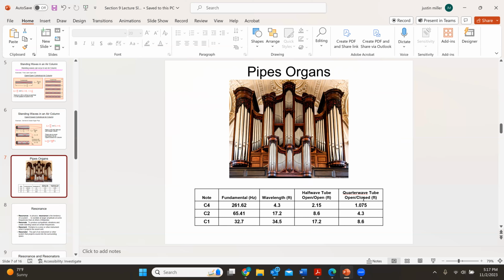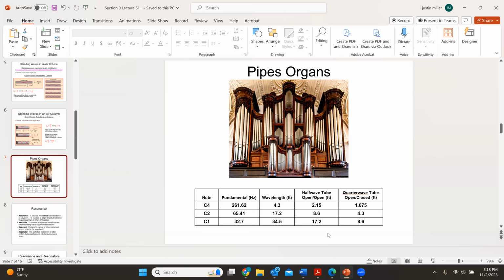The difference between the two in terms of the frequencies that they produce is really within the length of the tubes themselves. If you want to produce the note C4, which is about 261.62 hertz, the wavelength of that is going to be 4.3 feet approximately, no matter what. That's the wavelength in air.